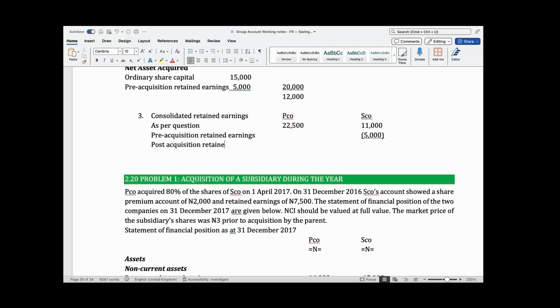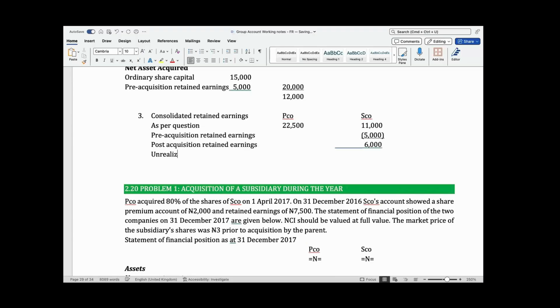And don't forget to remove the what? Unrealized profits on sales of plants. Who sold the plants? The subsidiary. How much did he make?